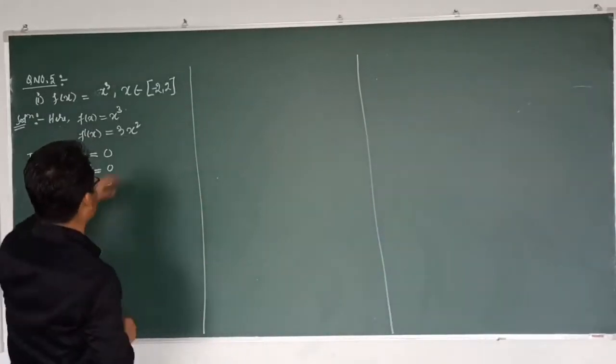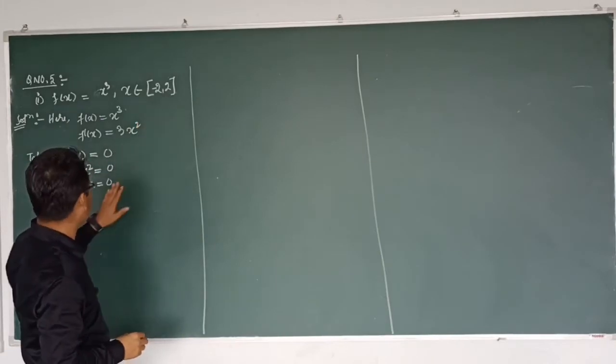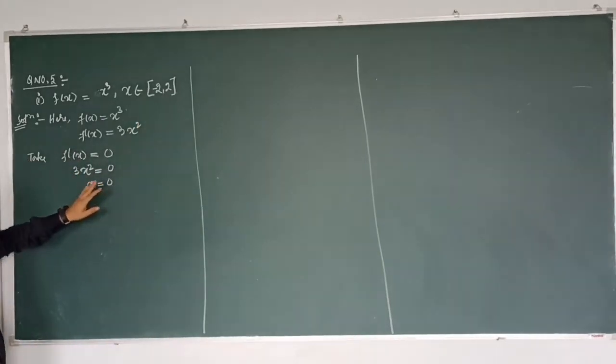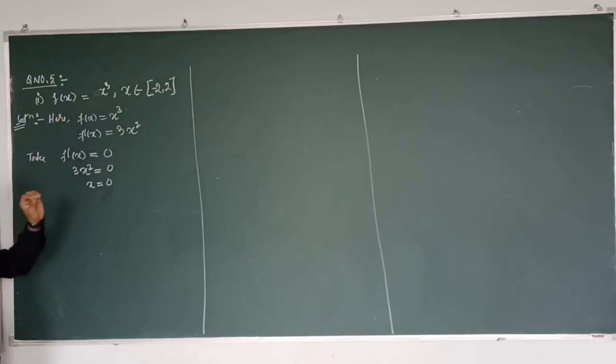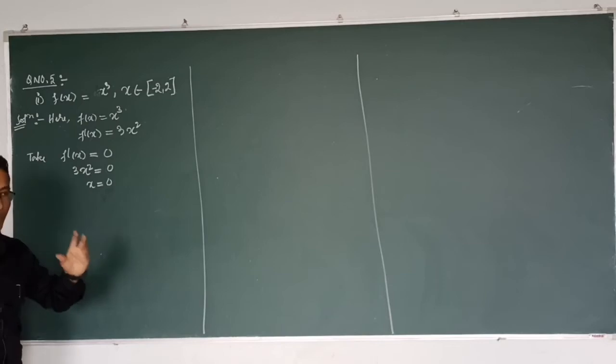Now our interval is given, -2, 2, and 0. We put the values in f of x, then we will see which is our maximum value and at what point.